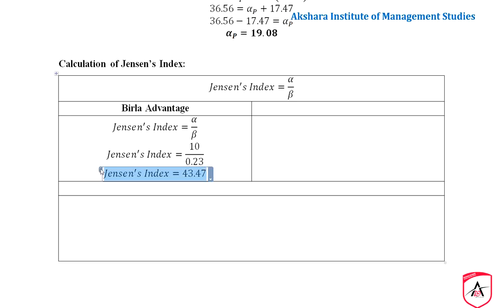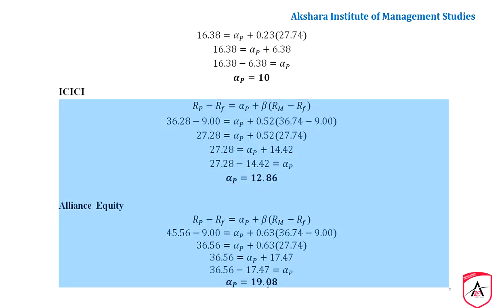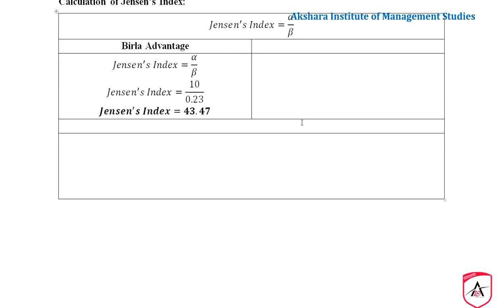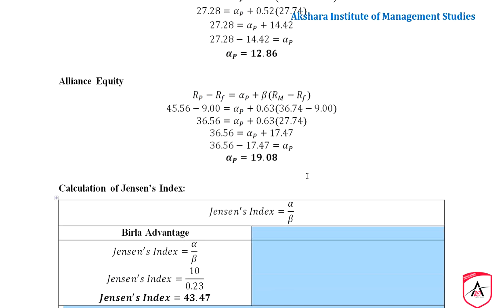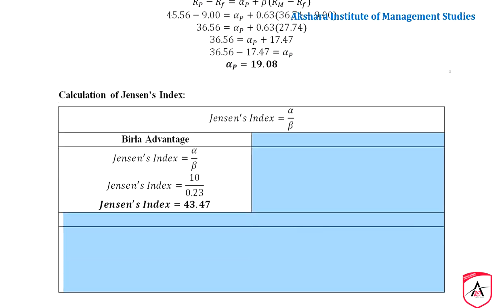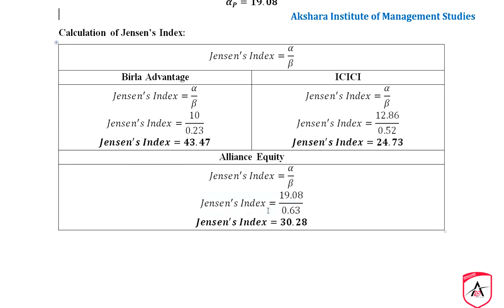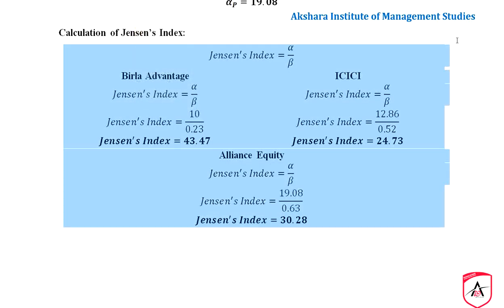Similarly, for all the stocks we have calculated the alpha P, and we have the beta also. Now you have to calculate Jensen's performance index for ICICI and one more stock, Alliance Equity. I have shown one method and similarly I have calculated the values, and I want you all to copy this into your notes and then do similar problems.